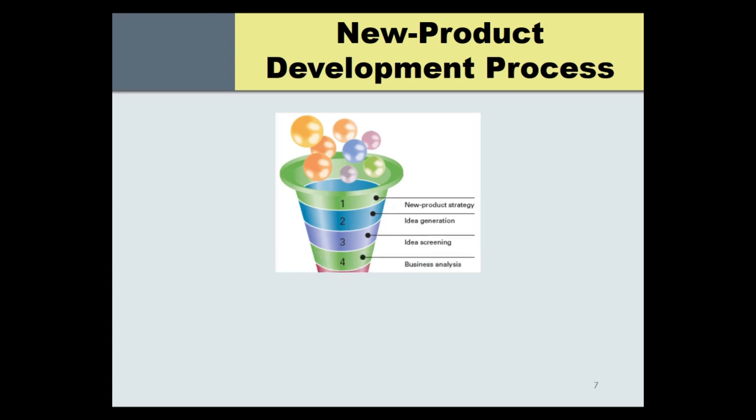Then we move on to the business analysis stage. Again, notice the funnel is getting narrower and narrower. So at each stage, we get rid of things. We're dealing with fewer things. At the business analysis stage, you do a very quick and dirty business analysis. You try to project, okay, this idea, here's what I think revenues will be.